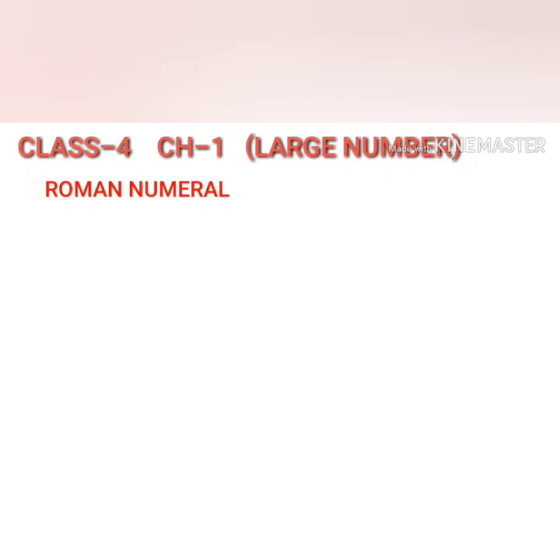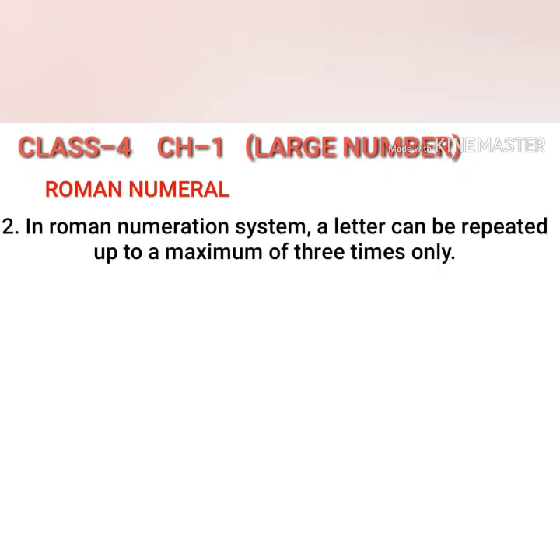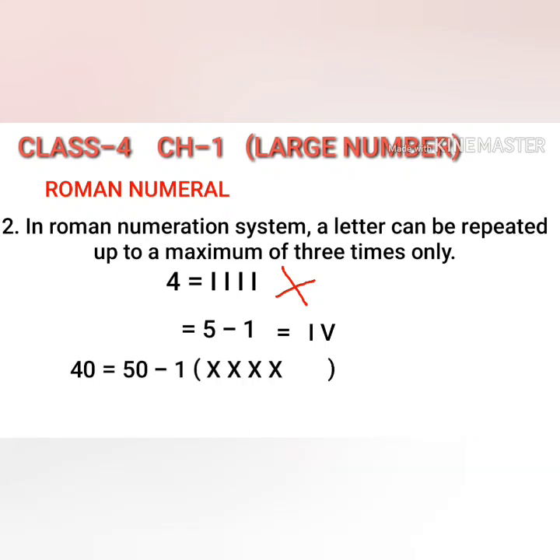Now, rule number 2: in the Roman numeration system, a letter can be repeated up to a maximum of 3 times only. Suppose we want to find the Roman numeral of 4. So 4 is 1 plus 1 plus 1 plus 1 and the value of 1 is I. But here we cannot add the values like I plus I plus I plus I. As per the rules, it will be IV, not IIII.